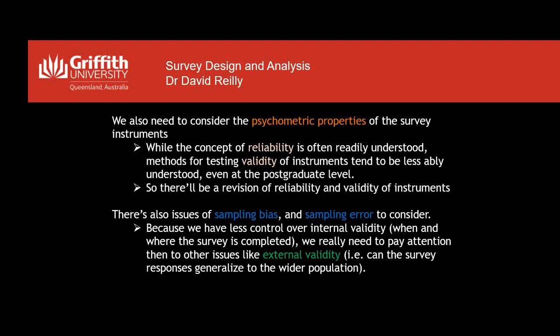So because we have less control over internal validity, we really need to pay attention to other issues that we can control, like external validity, i.e. can the survey responses generalise to the wider population?